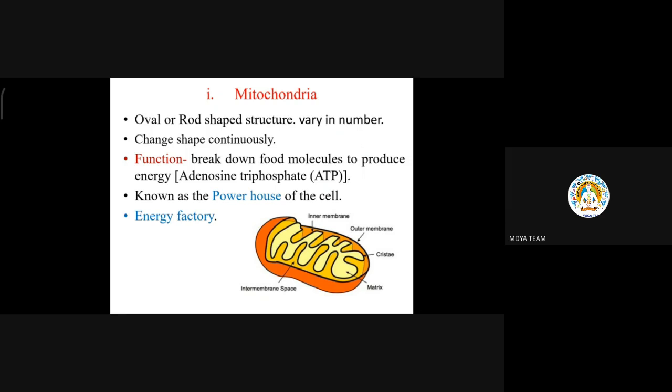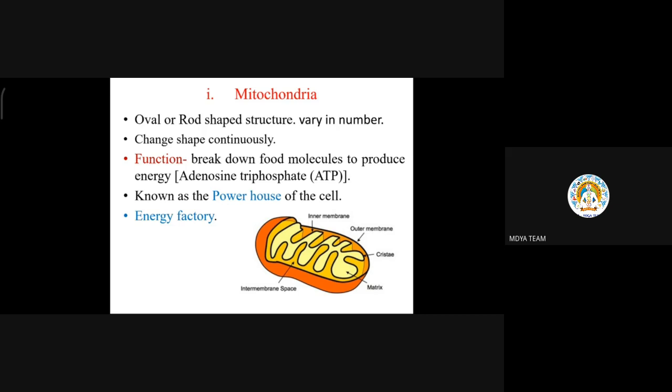Our heart never rests. Our cardiac muscles never take rest, so they have to function rapidly and continuously. So they have more mitochondria compared to other regions of our body. So it may vary in number according to the function or location of the cell.